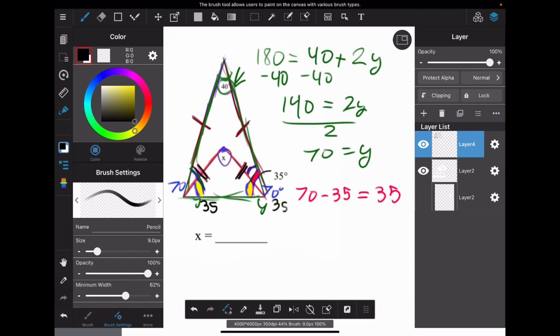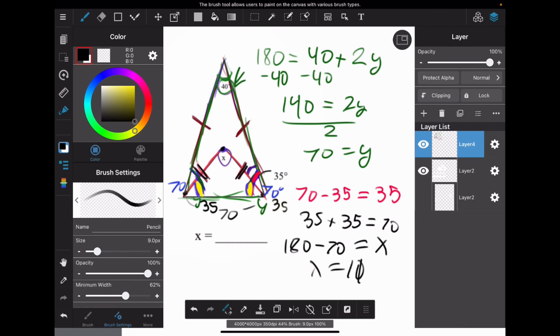Now, as we just found out, 35 plus 35 is 70. So we know that the measure of these two angles is 70. So we know that 180 minus 70, because all the angles in a triangle add up to 180, will equal x, and x equals 110.